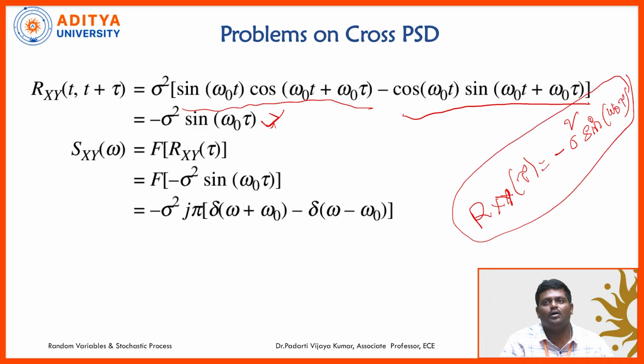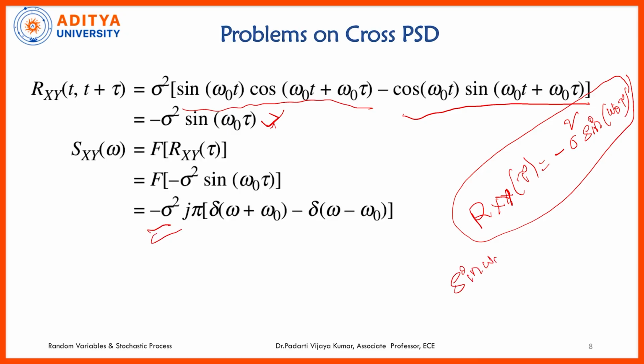Okay. Now we can comfortably use the Fourier transform pairs in computing the cross correlation function. So the cross correlation function, we will apply Fourier transform. Sigma square is a constant, I will bring outside. The Fourier transform of sin omega naught t is expressed as pi j or j pi into del of omega plus omega naught minus del of omega minus omega naught.